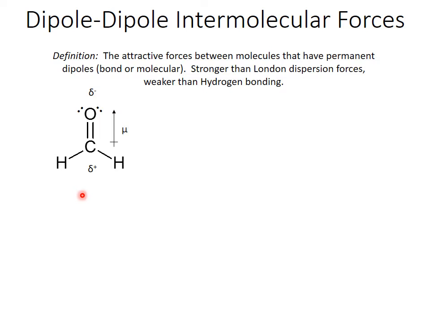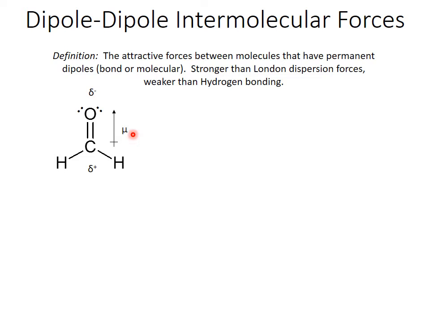Using the delta plus and delta minus notation we learned last semester, we can label the two ends of this molecule. The hydrogen-carbon-hydrogen section gets the delta plus because its electron density has been pulled towards the oxygen. The oxygen gets the delta minus because it's the most electronegative atom in this molecule and because it has the two lone pairs hanging out with a lot of negative charge.